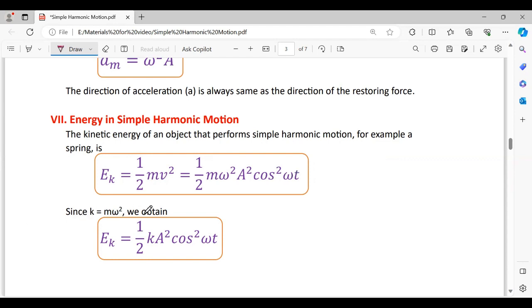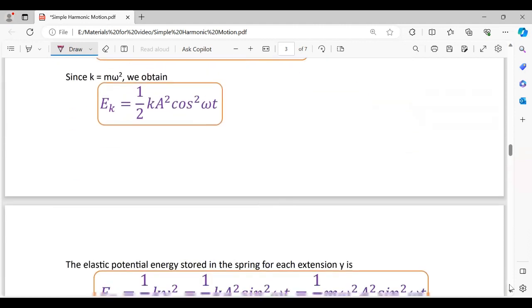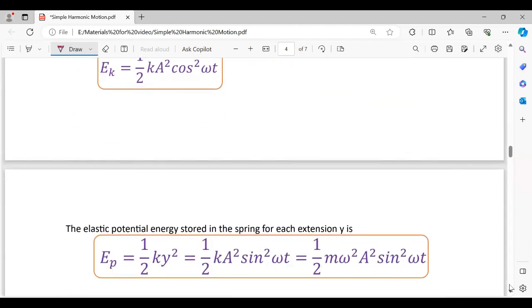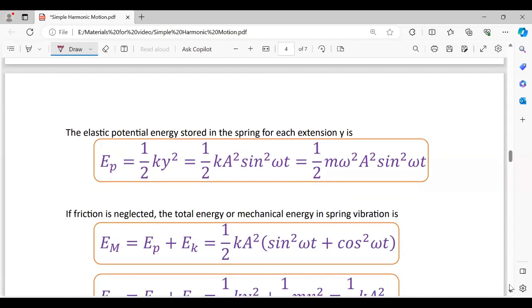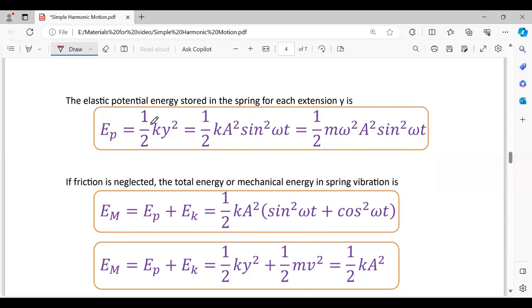Since k equals m omega squared, we can determine that the kinetic energy equals half k a squared cosine squared omega t.